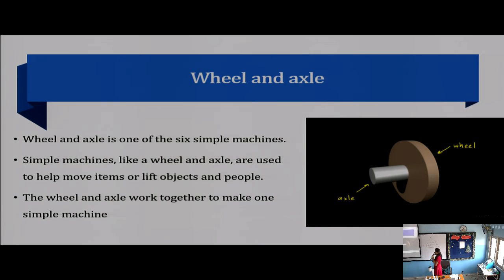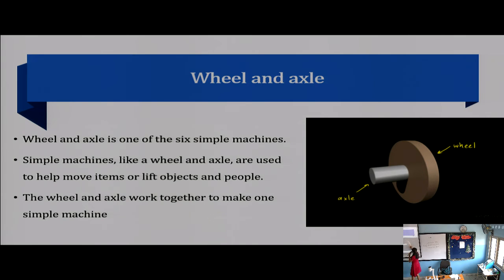And the next simple machine is wheel and axle. So this is how the wheel and axle looks like.